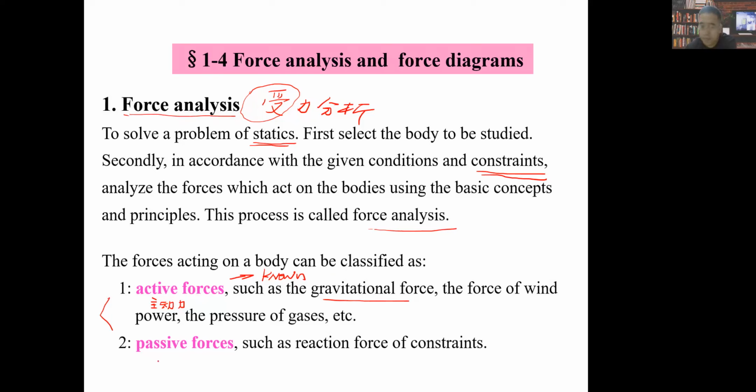Actually, we can call that 从动力. Right? Actually, these passive forces such as reaction force or 约束反力, reaction forces of constraint.